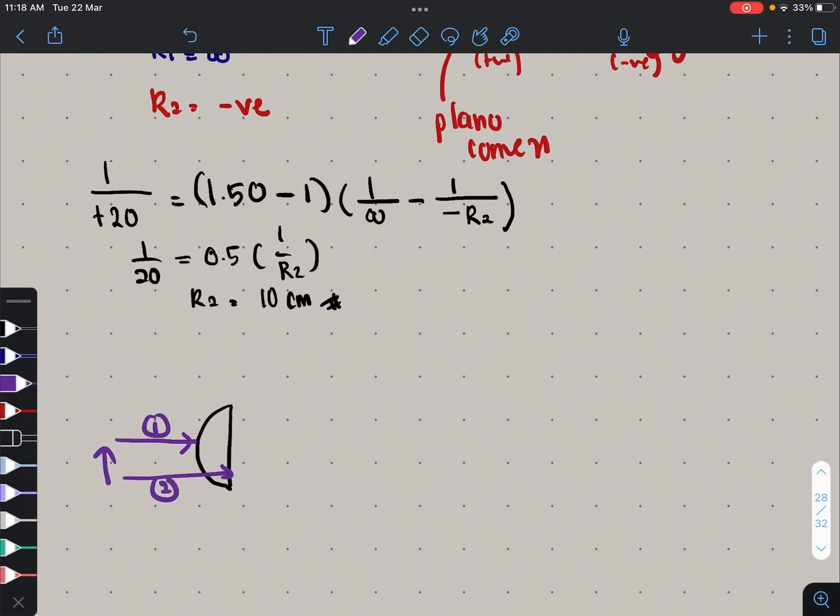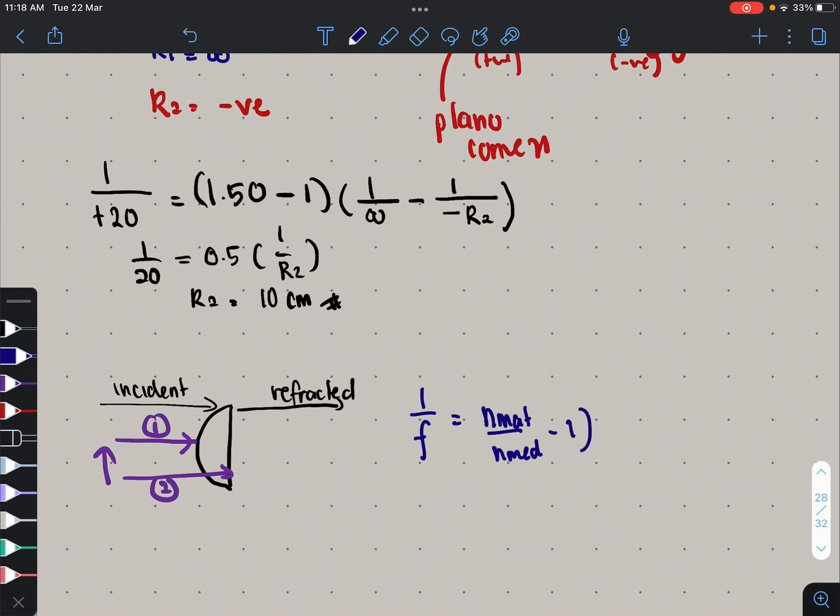This is my incident ray, going through to the refracted ray. The equation we use here is 1 over f equals n material over n medium minus 1, multiplied by 1 over R1 minus 1 over R2.